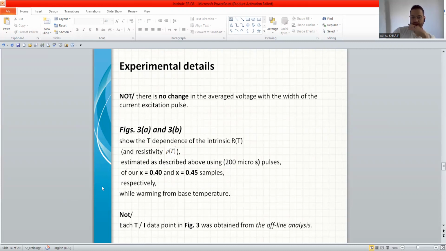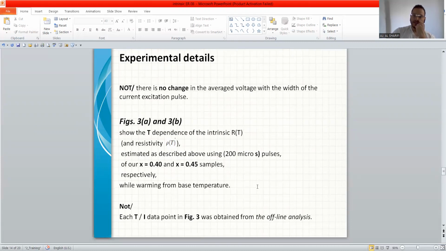Here, each temperature and current data point in the figure was obtained from the offline analysis.